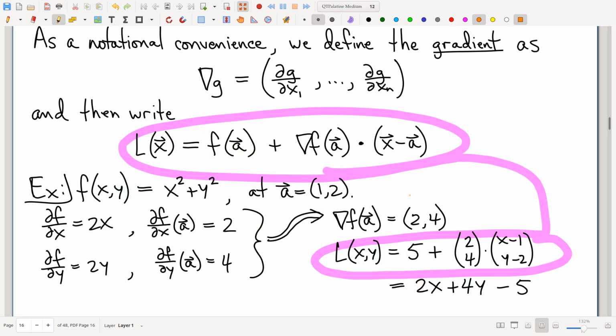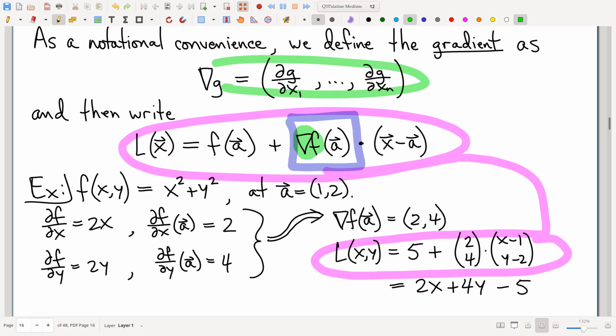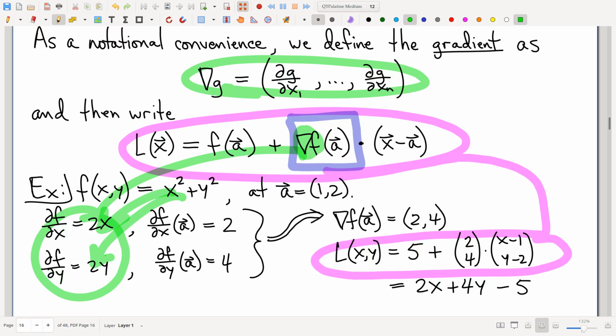Okay, next, let's talk about this gradient here. Let's see, I'll use dark. How do I evaluate this gradient? Well, first, per that formula right there, I need to compute the various partials, so partial derivatives of f. Next, we've got to plug in this point A, right?